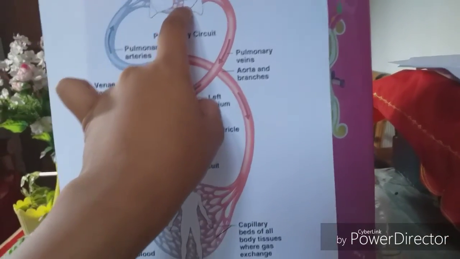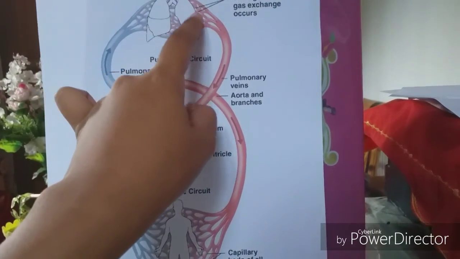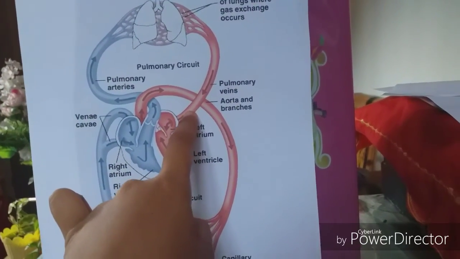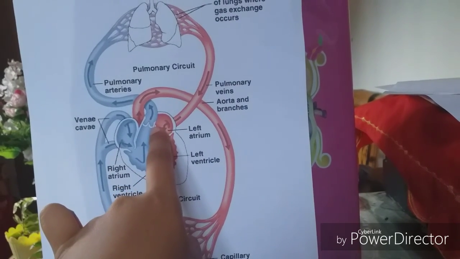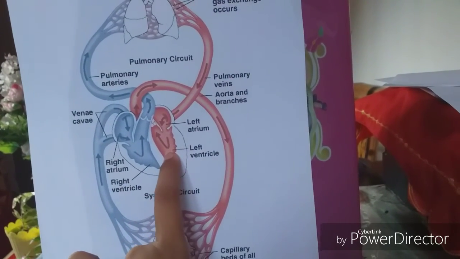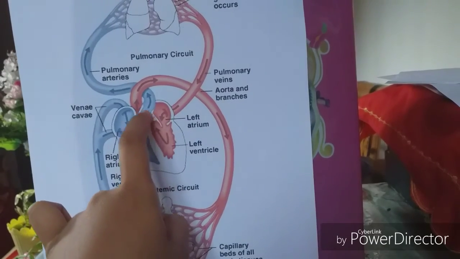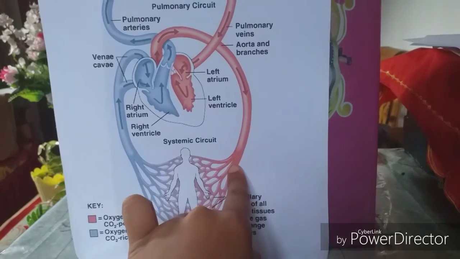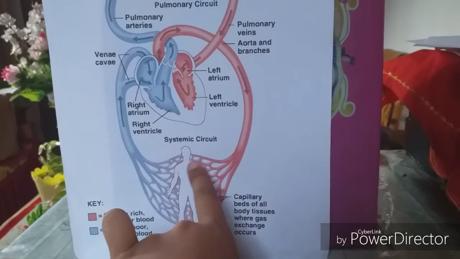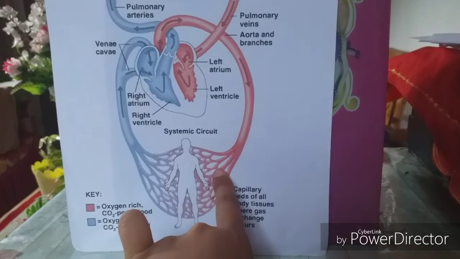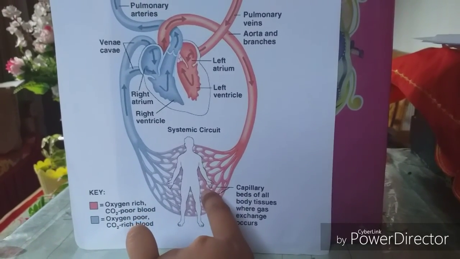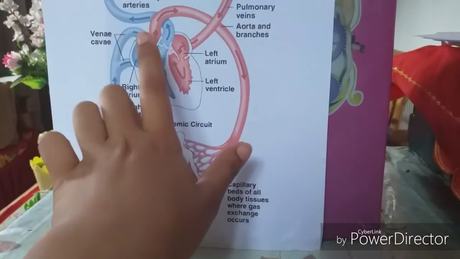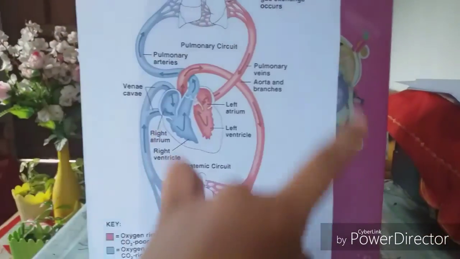As the blood becomes oxygenated, it flows through the pulmonary veins, then enters the left atrium, then goes to the left ventricle, then towards the aorta, then through all parts of the body, where the blood again becomes deoxygenated and goes back again through the vena cava, and the circuit repeats itself again.